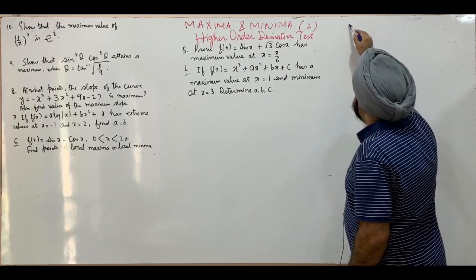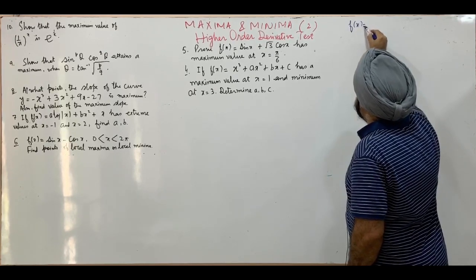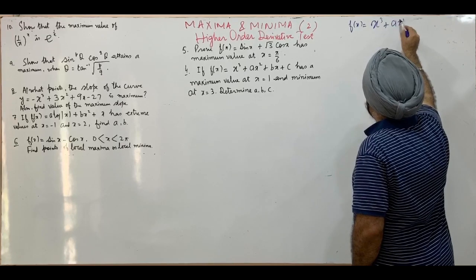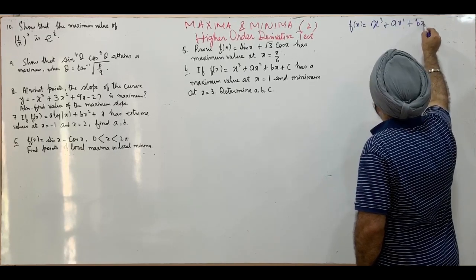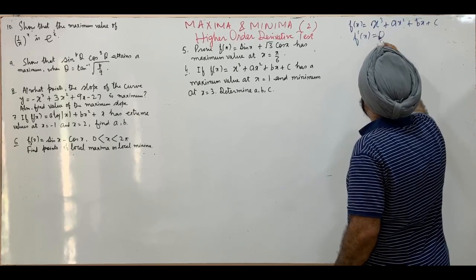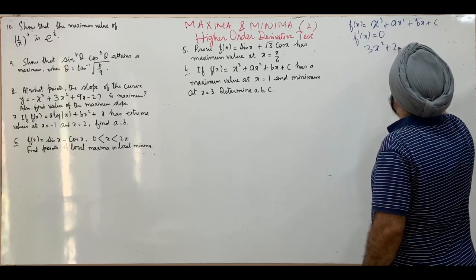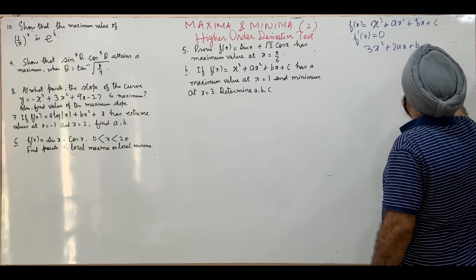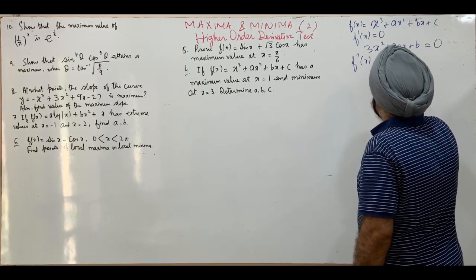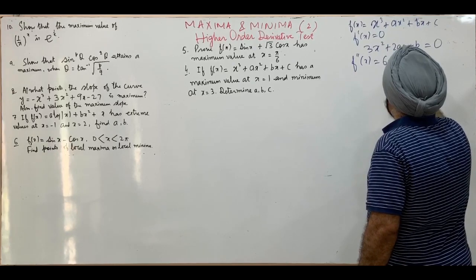So this is f of x, it's x cube plus ax square plus bx plus c, and f dash of x is 0. This means 3x square plus 2ax plus b, this is 0. Next we find out f double dash of x, that's 6x plus 2a.